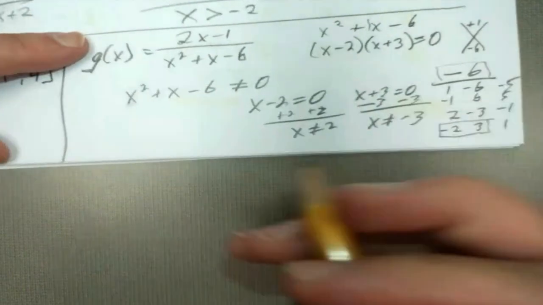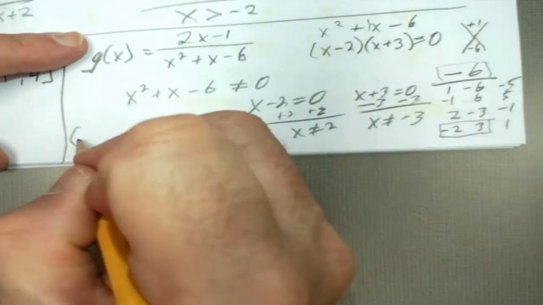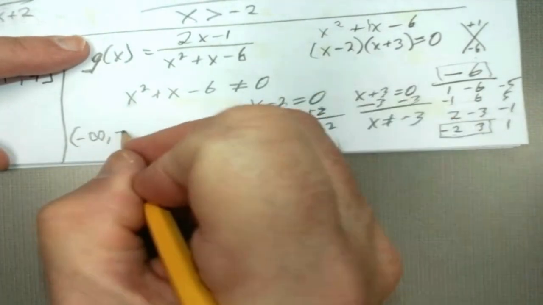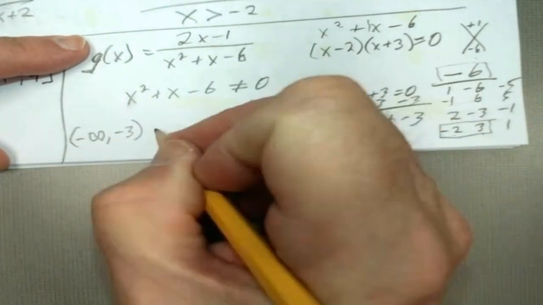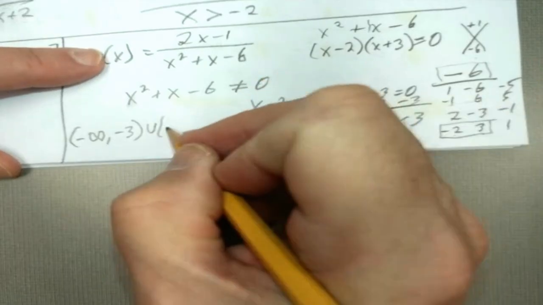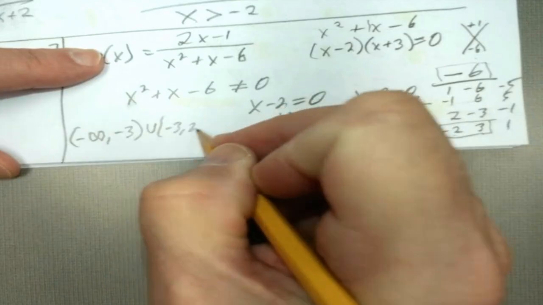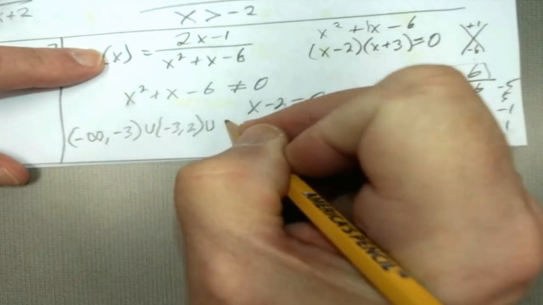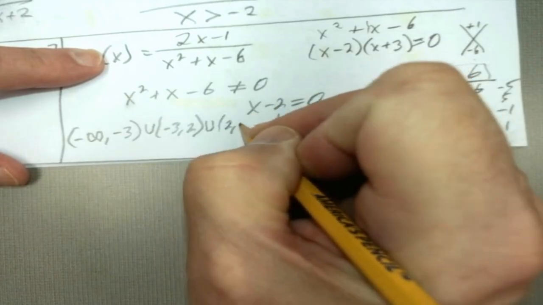So our domain would be negative infinity to negative 3, and negative 3 to 2, and 2 to infinity.